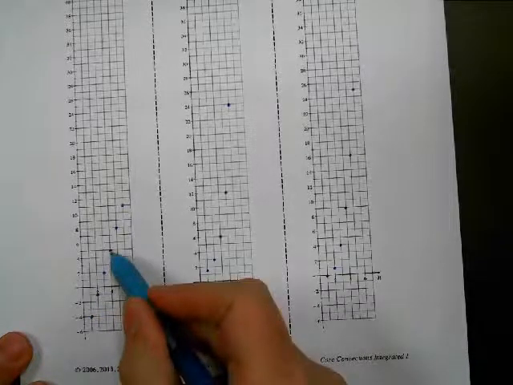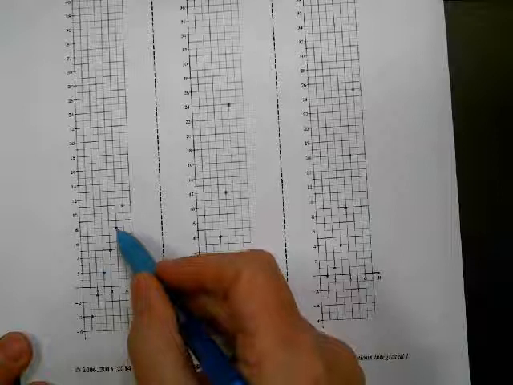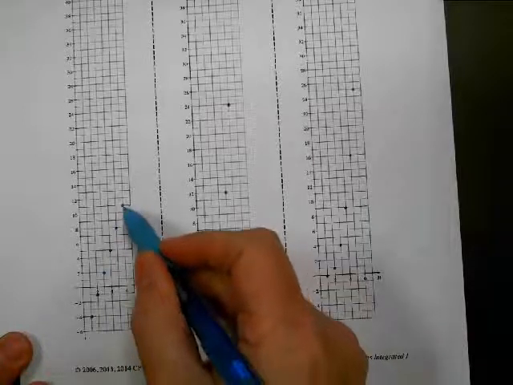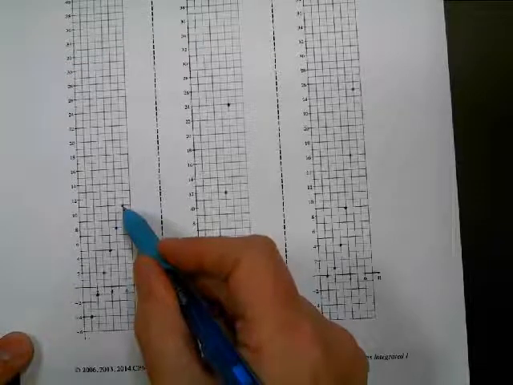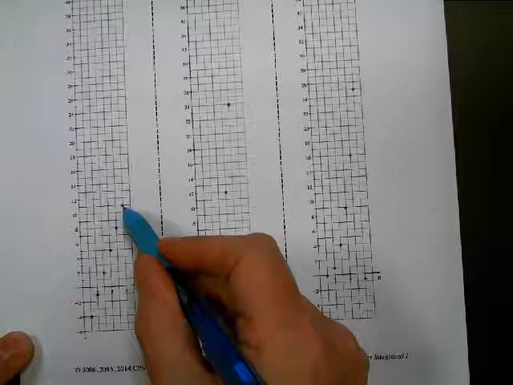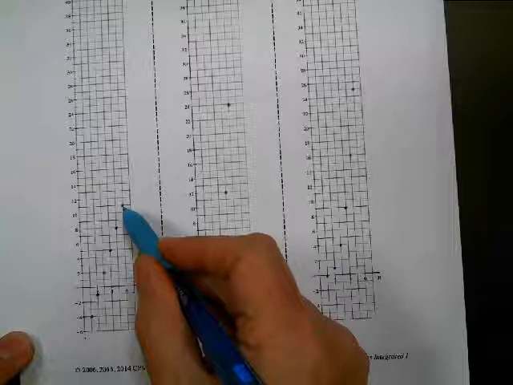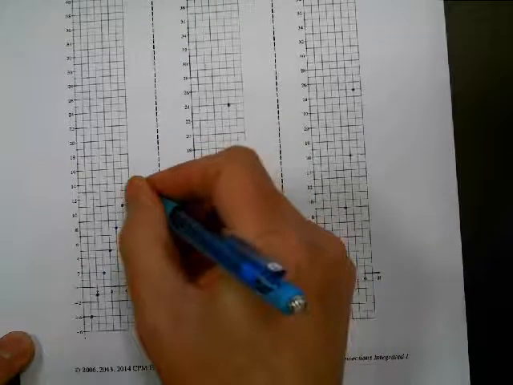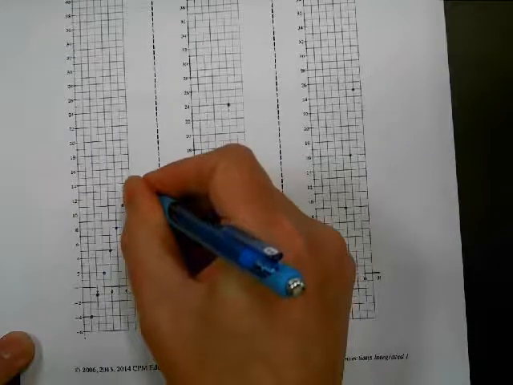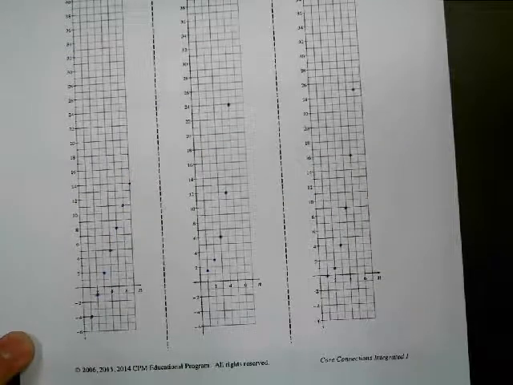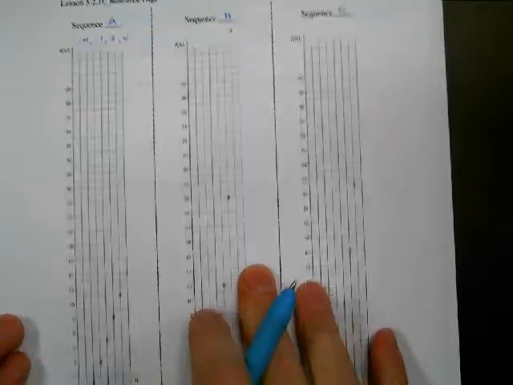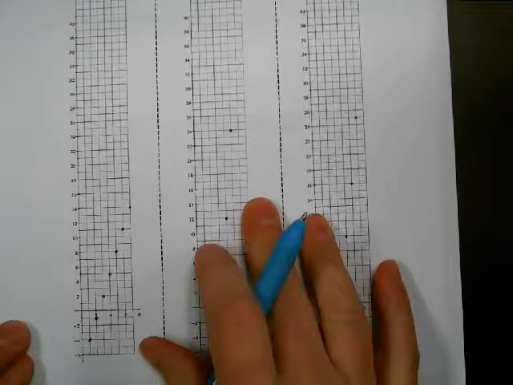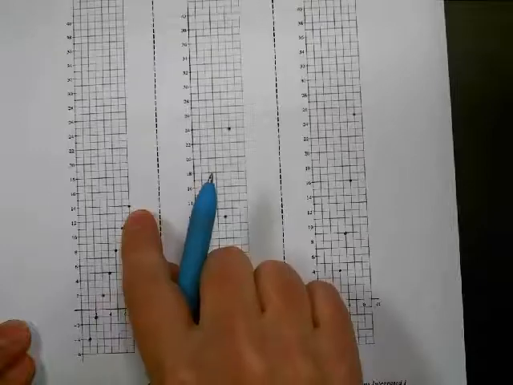Fourth term, 5. Fifth term, 8. Sixth term, we would get 11. And then we could find our next term after that, because remember we are adding 3 each time, so our 7th term would be 14. So in this case, we were adding each time for our sequence. And what we notice here is it is making a line.